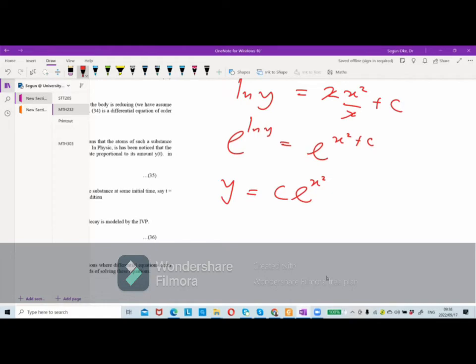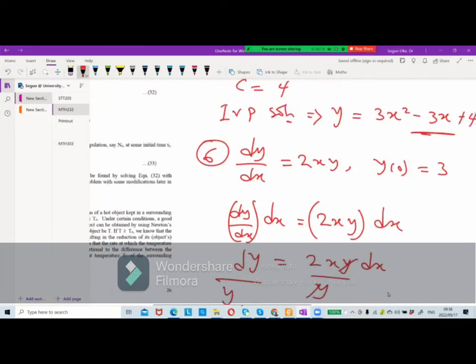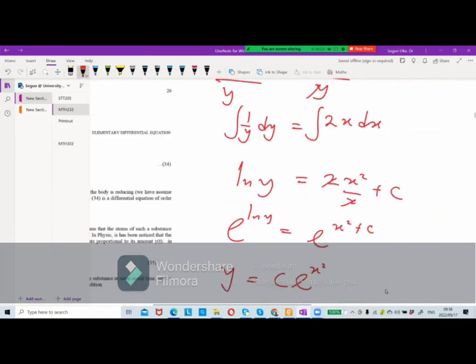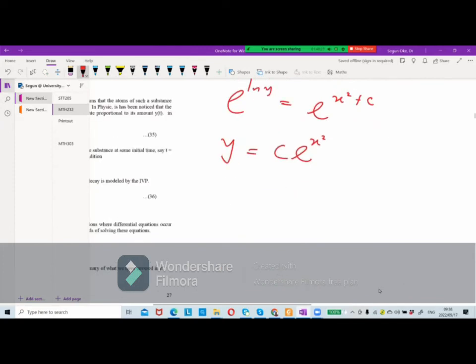Now, we are given an initial condition from here, which is when x equals 0, y equals 3. So I have 3 equals c e to the 0 squared. Anything raised to the power 0 is 1. So our c equals 3.